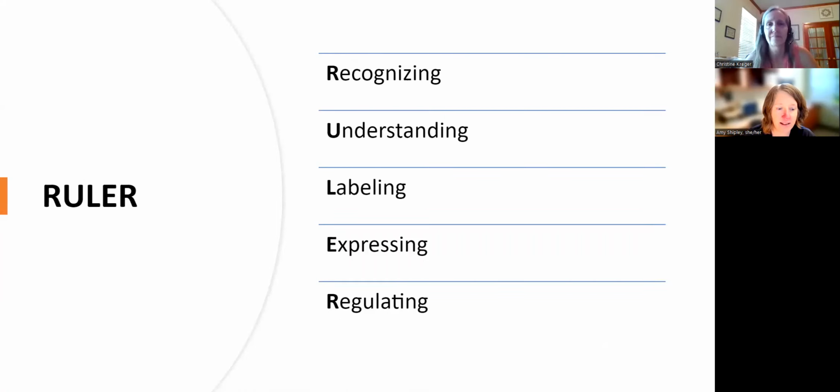U is understanding the causes and consequences of emotions. L is labeling emotions with a nuanced vocabulary. E is expressing emotions in accordance with cultural norms and social context. And R is regulating emotions with helpful strategies. Recognizing, understanding, and labeling fit right in with self-awareness. So let's practice recognizing and labeling our emotions.